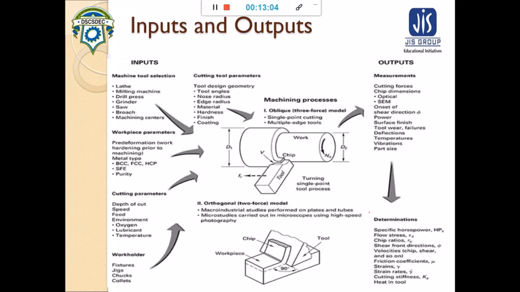We can derive flow stress, chip thickness ratio, shear front direction, velocities such as chip velocity and shear velocity, friction coefficient mu, strains, strain rate, cutting stiffness, and heat generated in the tool due to the machining operation.